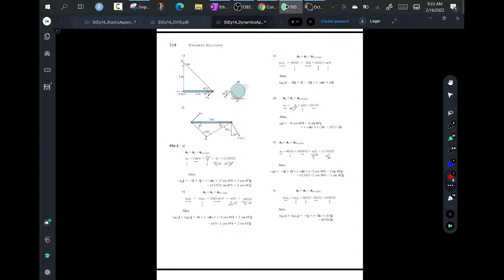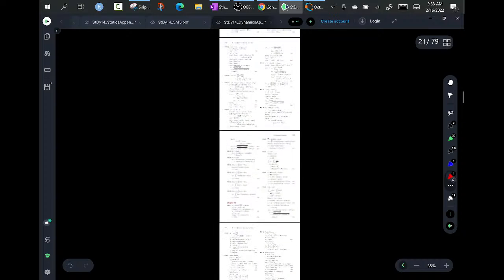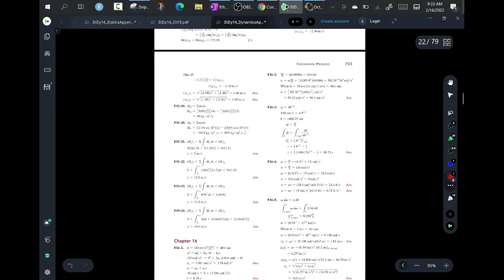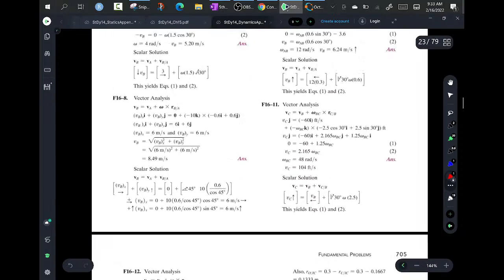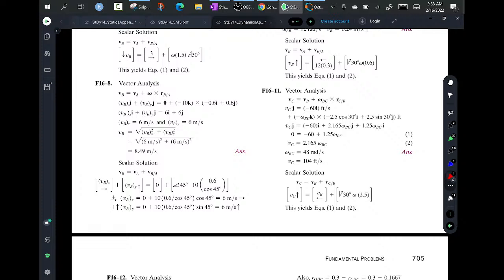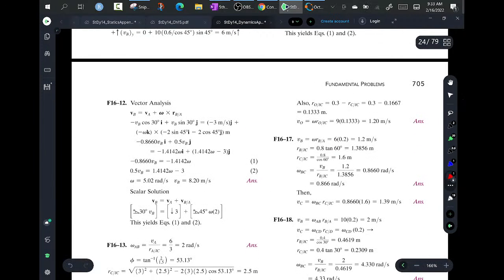Oh, this is a P. I'm not sure if P comes before or after. Maybe this is 12, 9, 10, 11. That's 11. Okay, here's 12. Okay, so it looks like I got the wrong answer, I believe. So, let's see if we can diagnose what happened here.